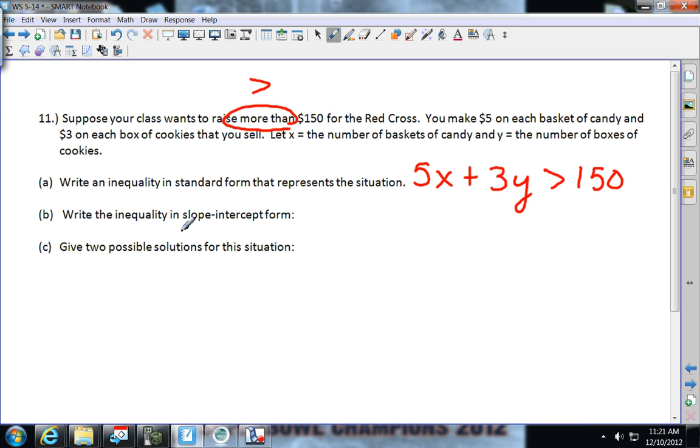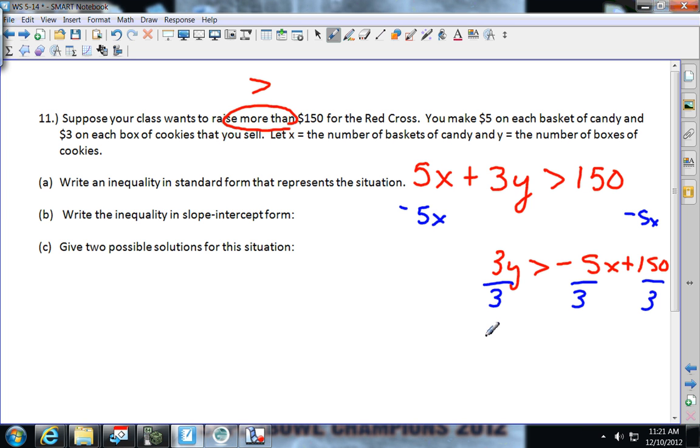Now it says write the inequality in slope-intercept form. So I need to take this and solve it for y. So I'm going to subtract 5x from each side. I get 3y is greater than negative 5x plus 150. I'm going to divide by 3.